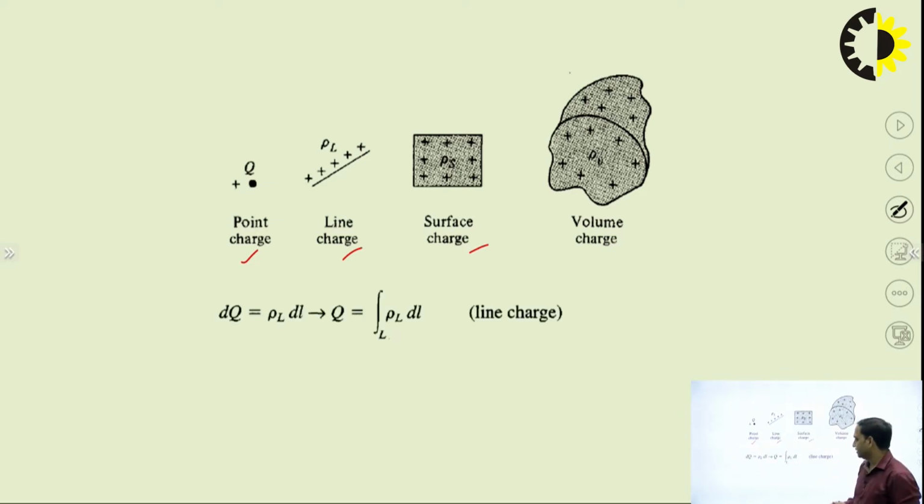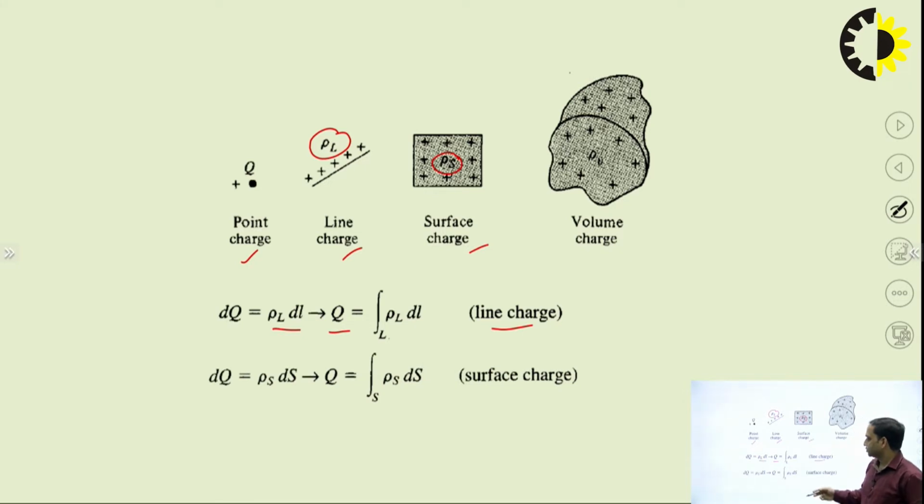So for that we have the formulas for the line charge, where rho L into dl. So rho L is the line charge density. Okay, so the total charge we can calculate by the formula rho L into dl. So line charge is there. Then we have surface charge, rho s is the surface charge density. So the formula will become q is equal to rho s into ds. This is surface charge.